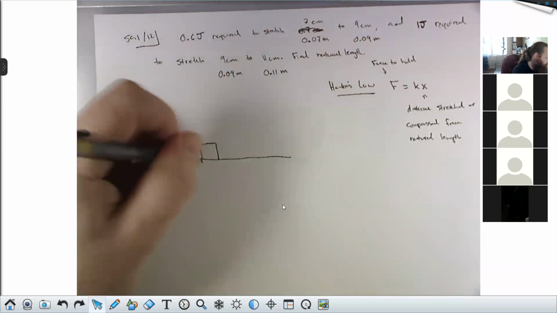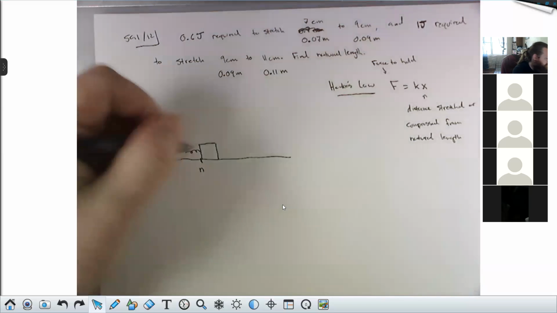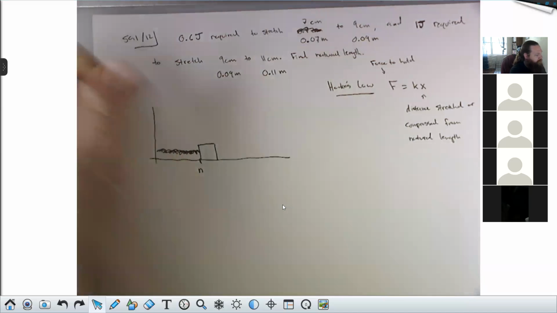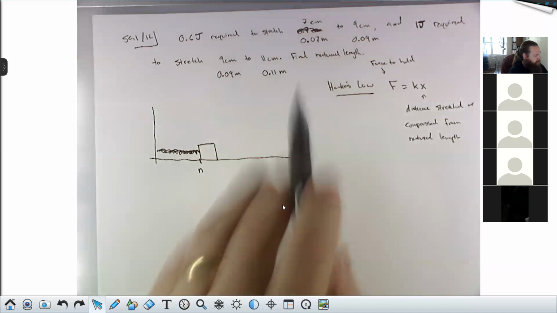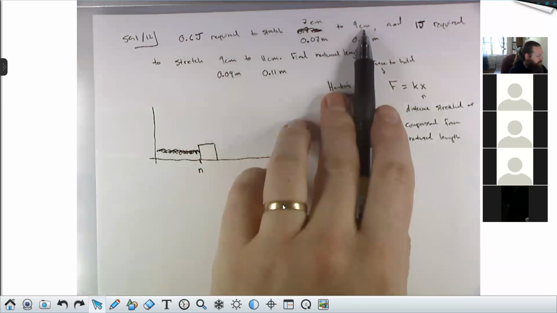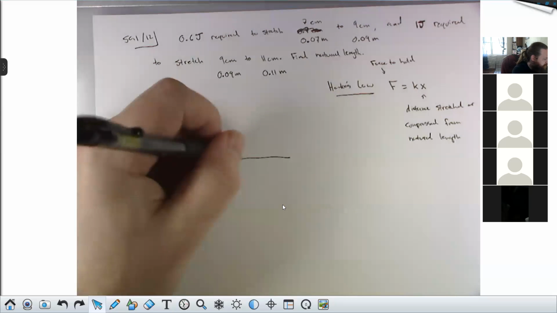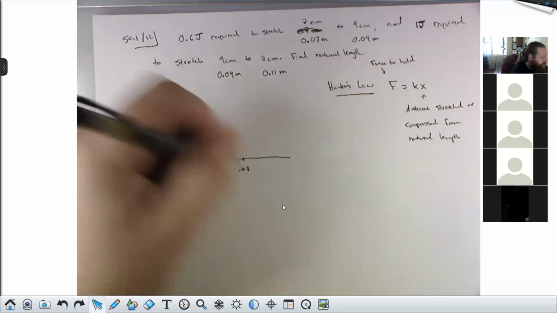So what I would do is draw the system. And let me call this the natural length, n. Sorry for my bad spring, but there's our spring. We know that to stretch it from 7 centimeters to 9 centimeters required 0.6 joules. Let me just assume here's 0.07 meters.